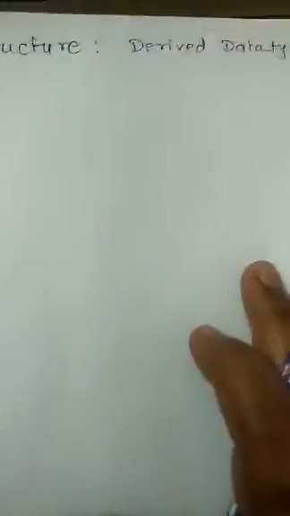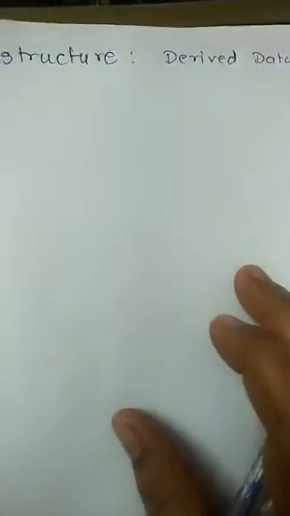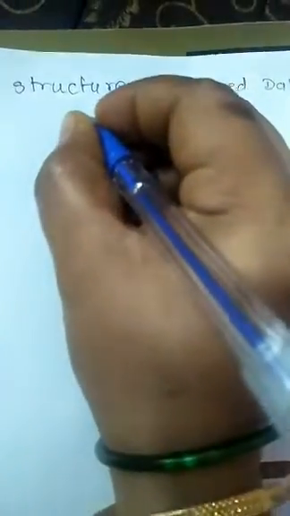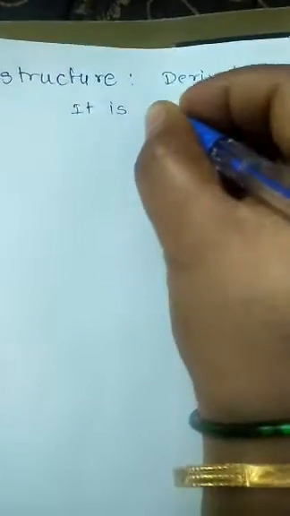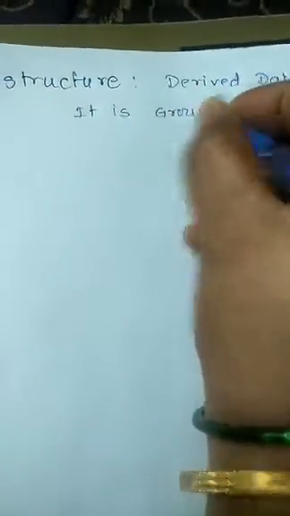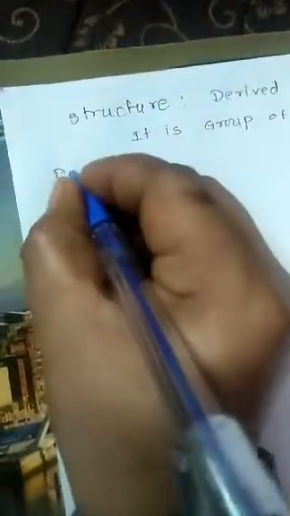So now we discuss the definition of structure. Structure is a group of elements having different data types.